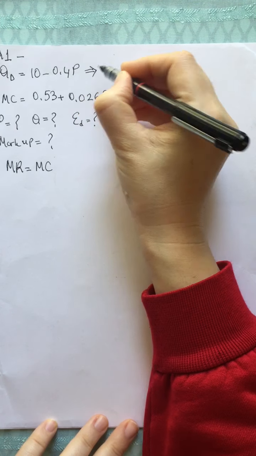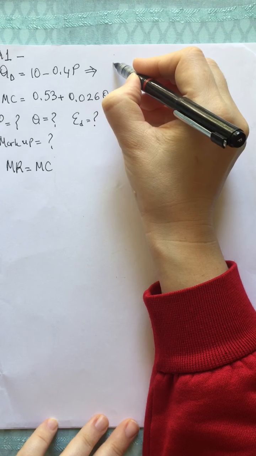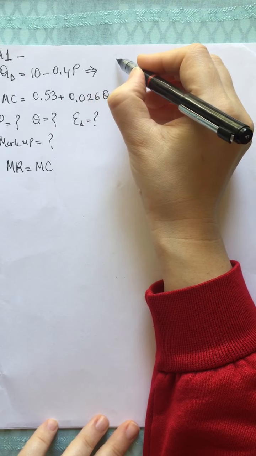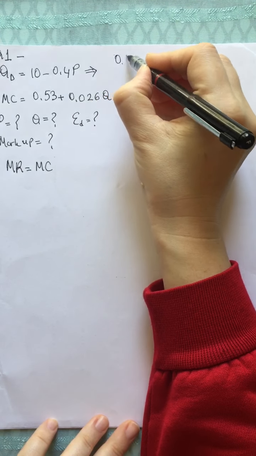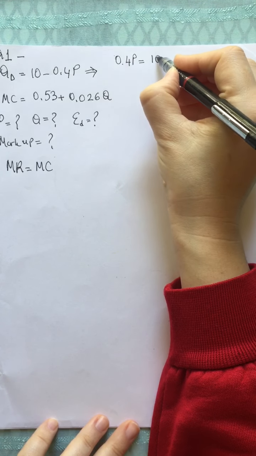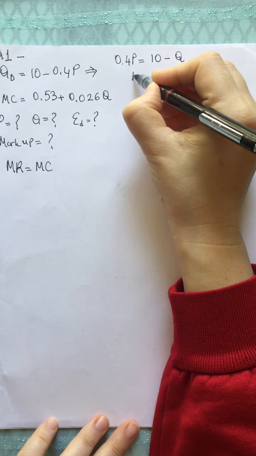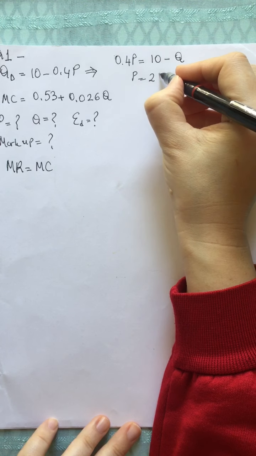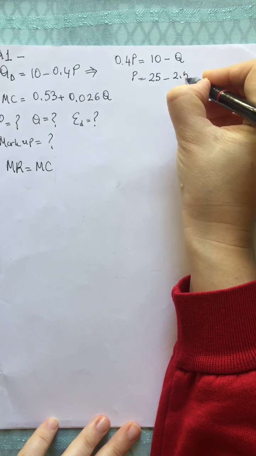Firstly, we need to find the inverse demand function, which is written as P equal to. When you rewrite this demand function, 0.4p equal to 10 minus Q, and P equal to, by dividing by 0.4, 25 minus 2.5Q.